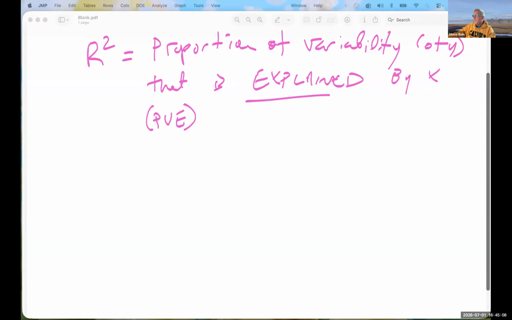So what fraction of the vertical variability in heights of daughters could be considered related to or explained by the heights of the mothers? Literally, R squared is equal to the correlation coefficient R, and we could square that.